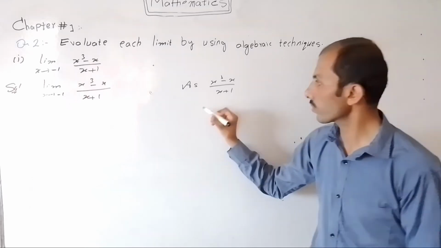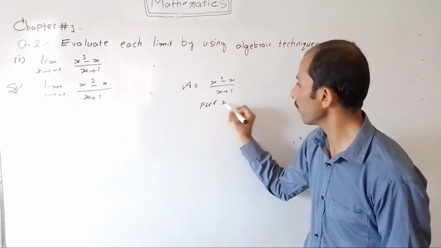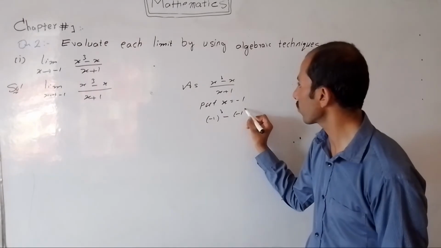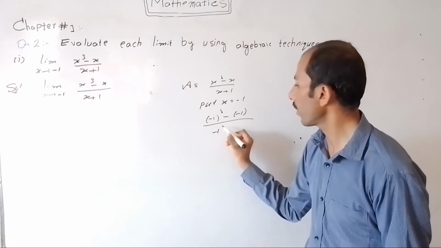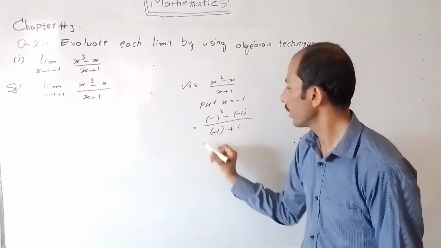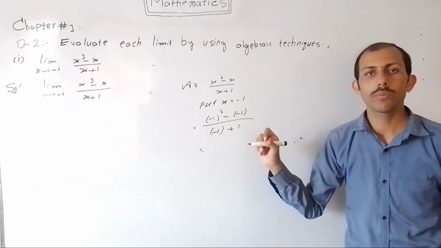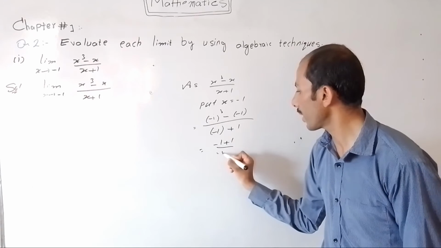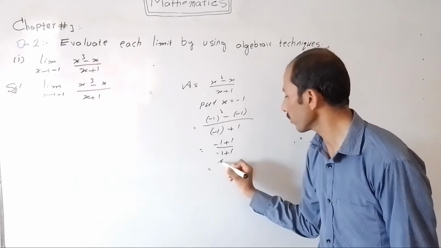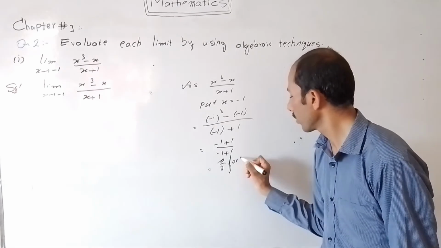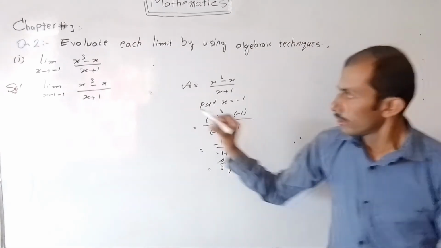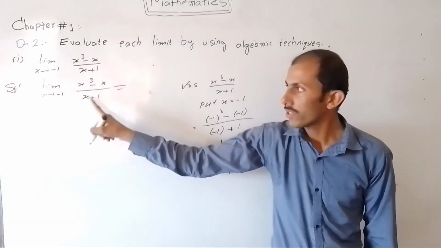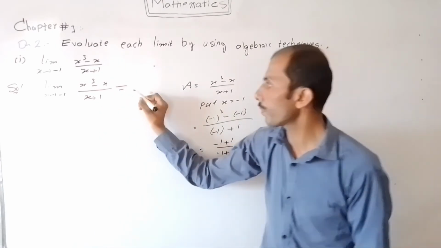If we put x equal to minus 1, so (minus 1) whole cube minus (minus 1) divided by minus 1 plus 1 is equal to minus 1 minus multiply minus plus 1 divided by minus 1 plus 1, which is equal to 0 by 0 form. So the limit is of 0 by 0 form.